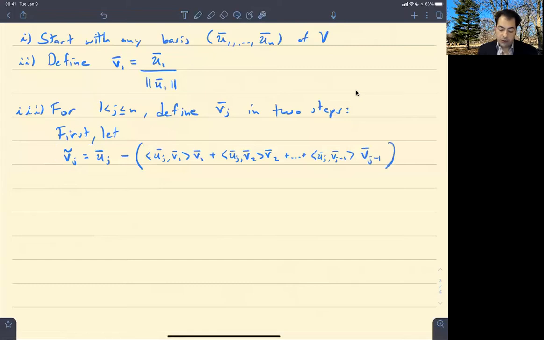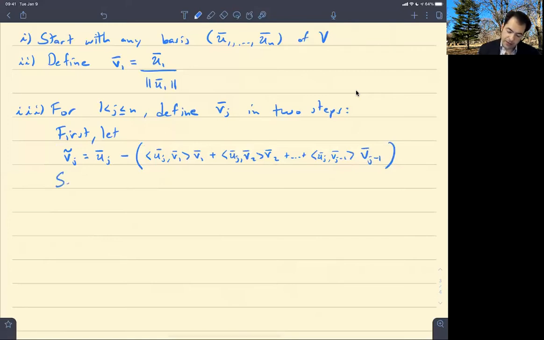Okay, so we start with the vector uj, and then we're going to subtract off as much as we can from the v1 through vj minus 1, right? So if the vector uj were in the span of v1 through vj minus 1, these would be the coefficients from what we've seen before, right? Of course, it's not in the span of these, so this is not going to give a 0, but that subtracts off enough to make this orthogonal.